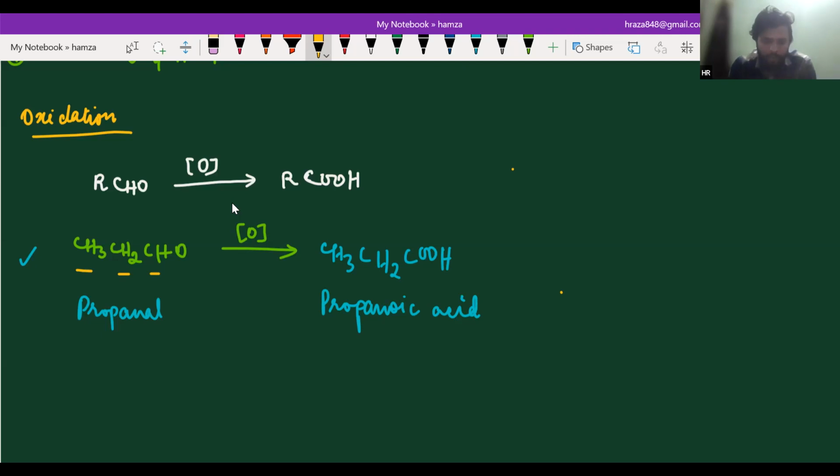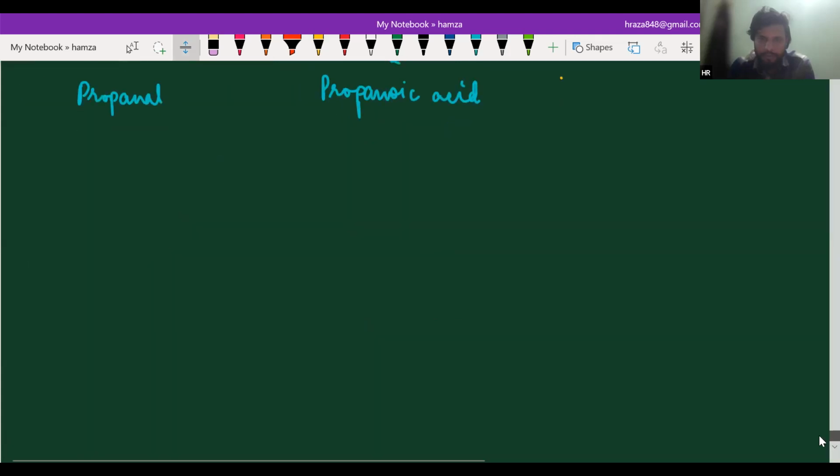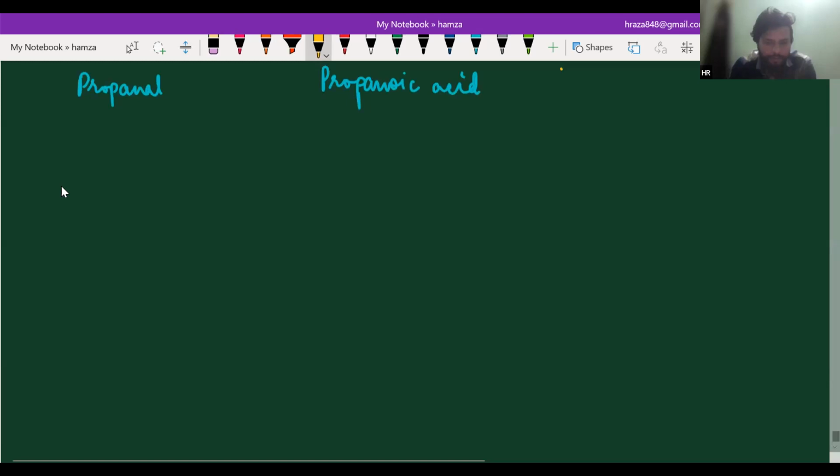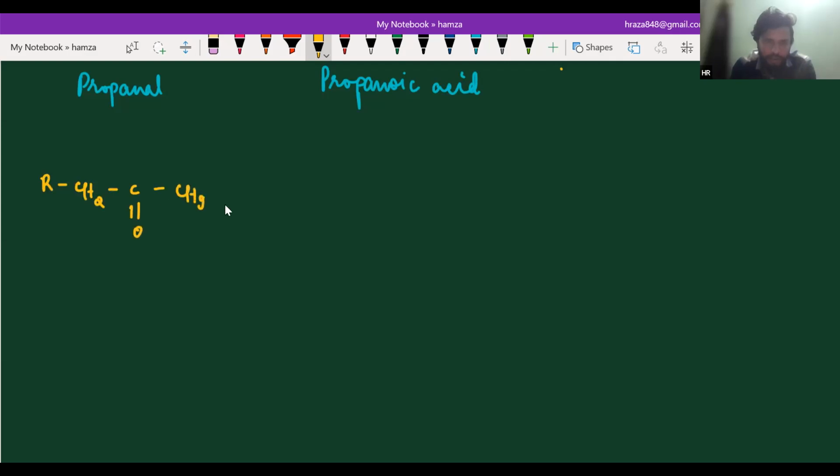Okay, when we talk about this ketone, I'm going to take a general formula of a ketone, RCH2, C double bond O, and CH2R'. If you oxidize this, I'm going to number it where we are going to break it: 1, 2, 3, and you can take it from right to left or left to right. First, you break the 1 and 2 bond.